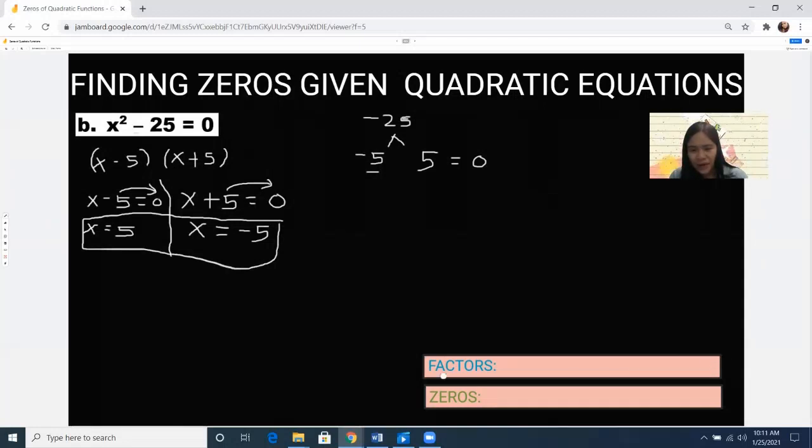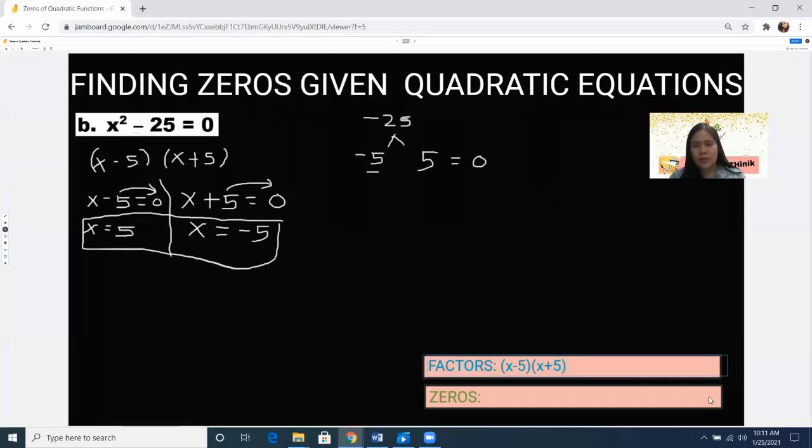So let us do the factors. Let me just type this one. For the factors, remember the difference between factors and zeros. Factors have parentheses, and zeros are the values of x. So in here, we have x minus 5 times the quantity x plus 5.